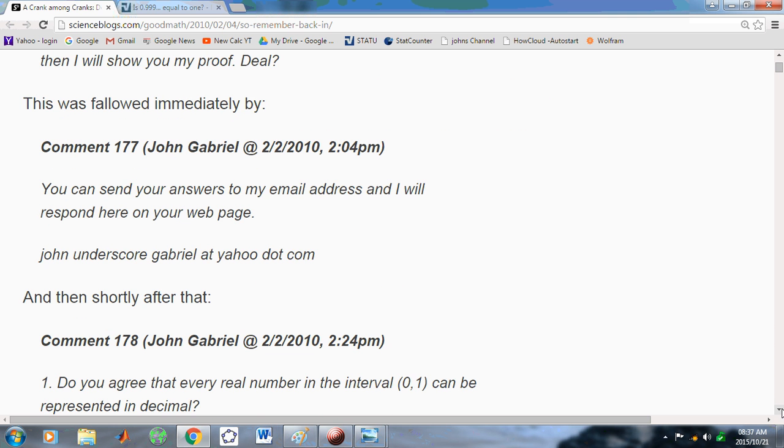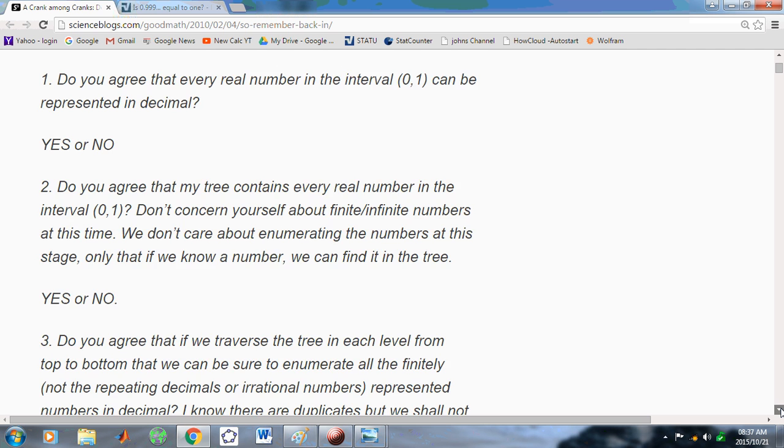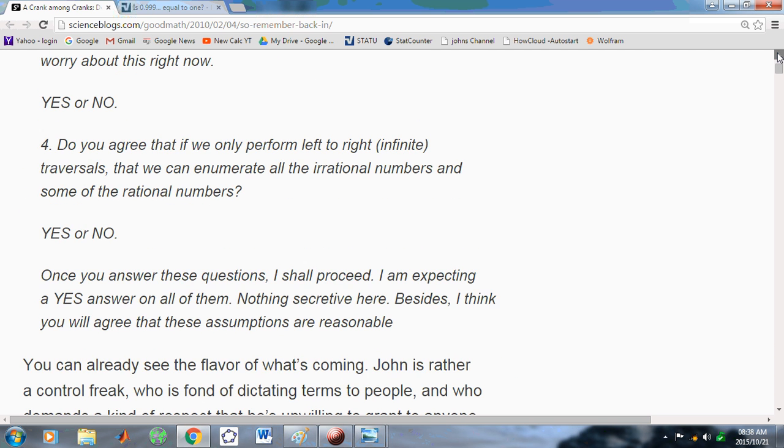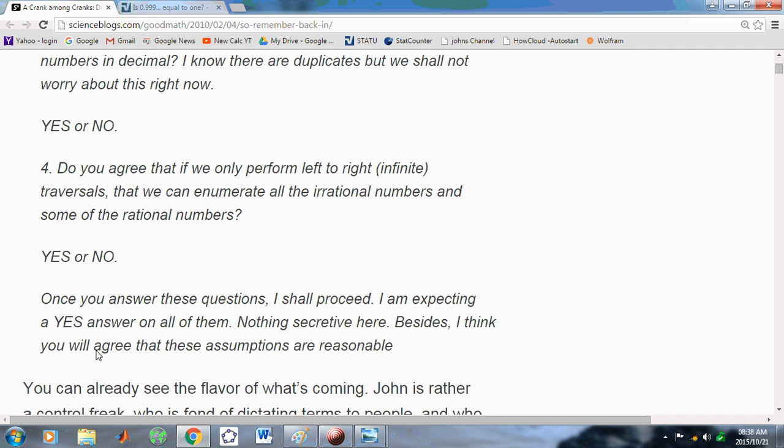No. Rather, he began to make statements that were incendiary. For example, he said something about, you can already see the flavor of what's coming. Johnny is rather a control freak who is fond of dictating terms to people. All he had to do there was simply answer the questions. He eventually did give a yes answer to all of them except 4, and I'll explain why he didn't do that.